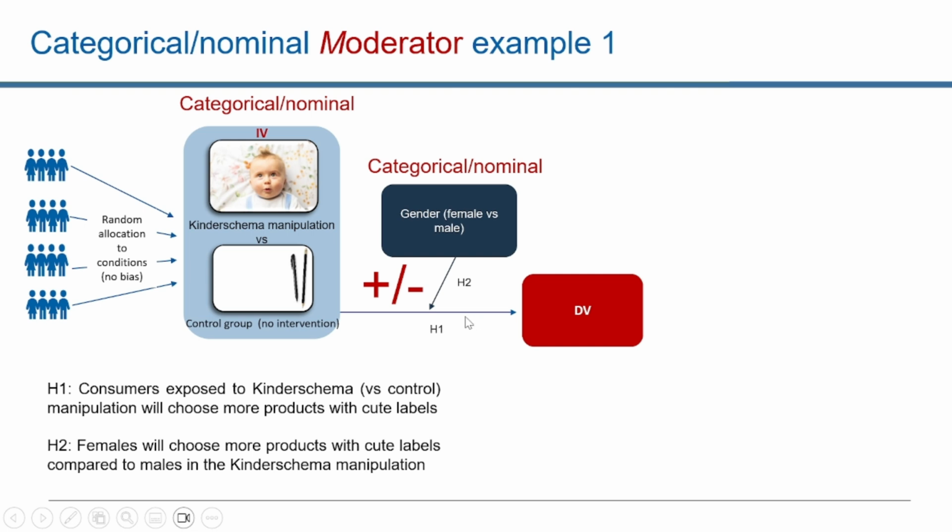In this case, my moderator could be gender. And by the way, this is a hypothetical example. I made it up for the purposes of this video. But in this case, the moderator could be gender, where we could say that women will respond differently and they will select a lot more products compared to men when allocated to kinder schema, or they would select them even in the control group because they by default like cute products.